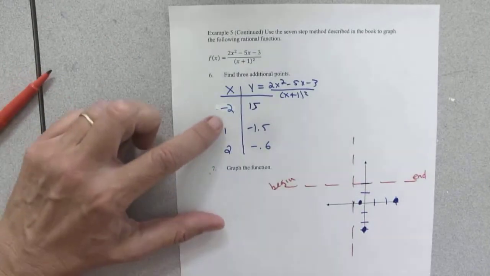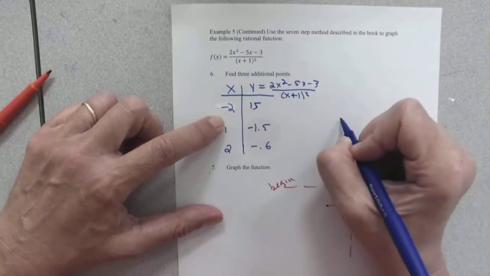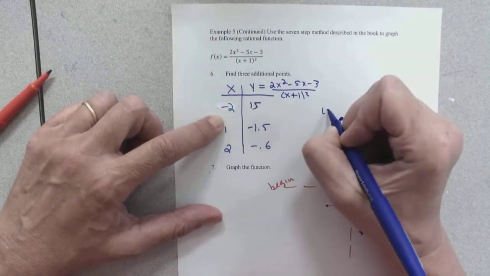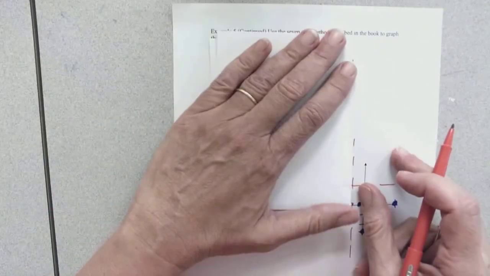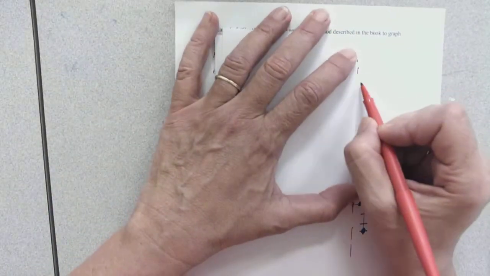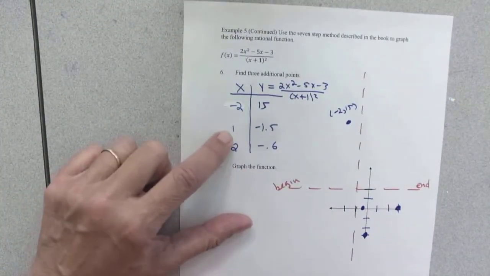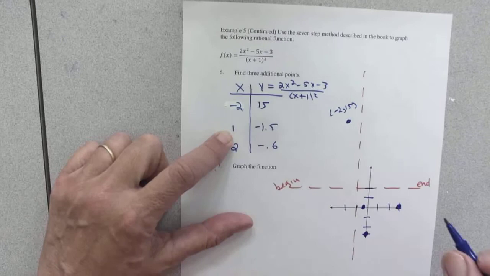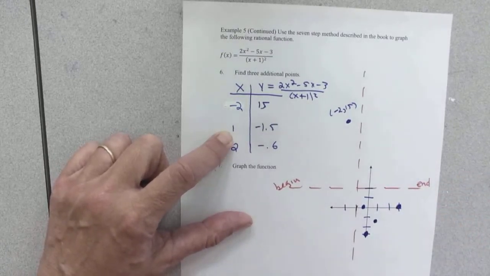Then my last pieces of information, I have a point -2, 15. I'm just going to call that up there. There's -2, 15. I'm not going to count all the way up there, but I will extend my line here. And then I had the point 1, -1.5, which would be right about there.